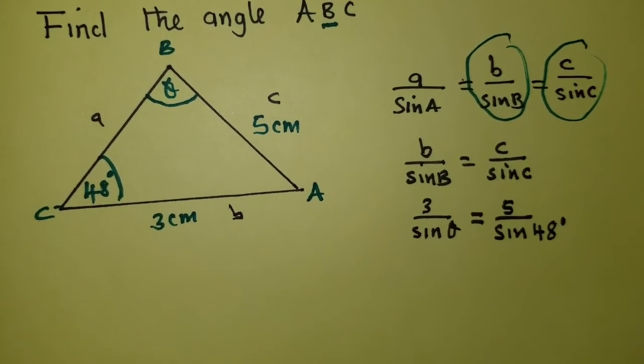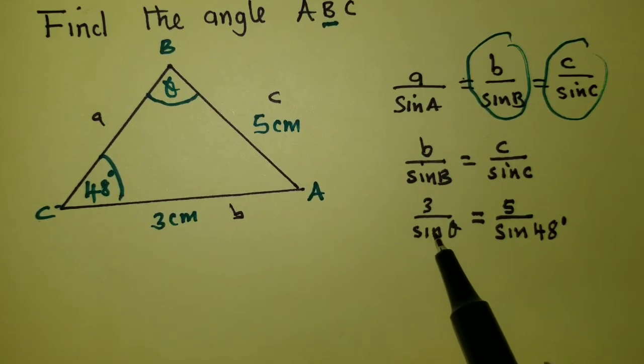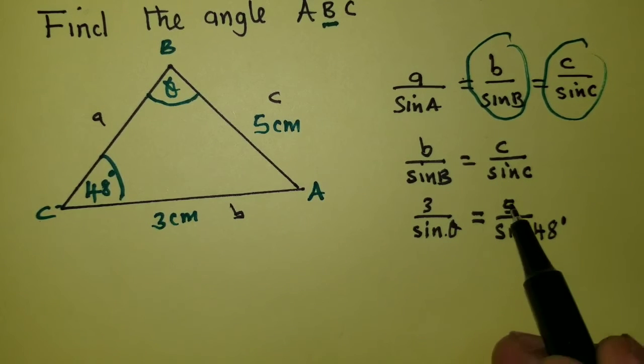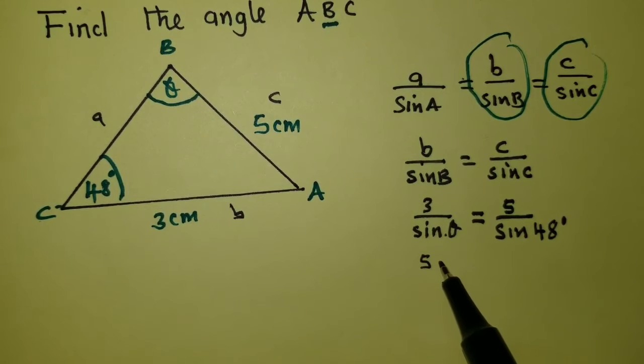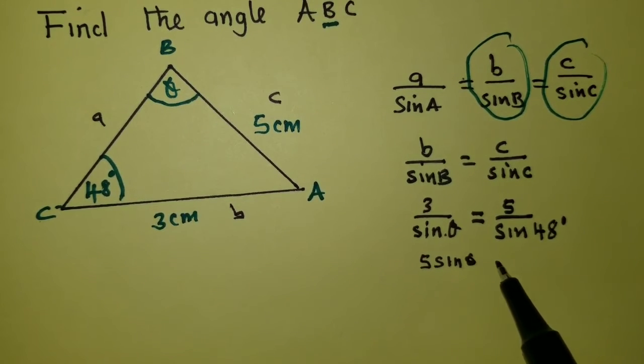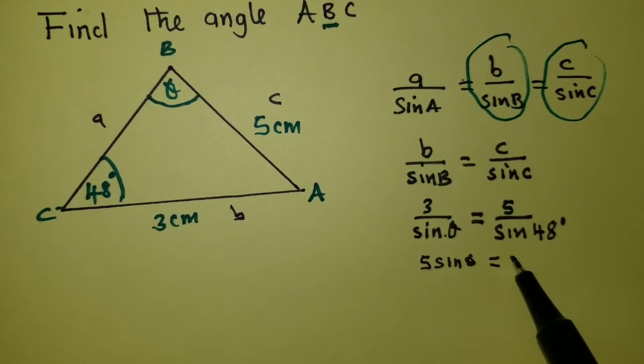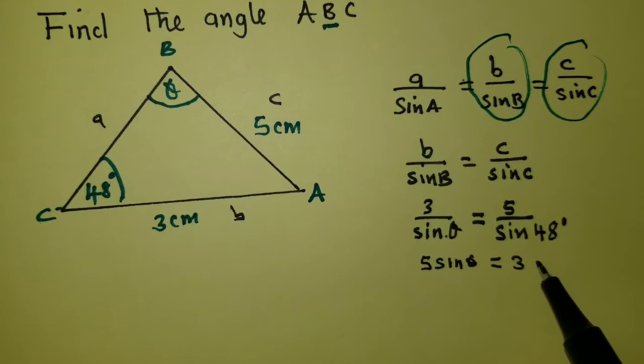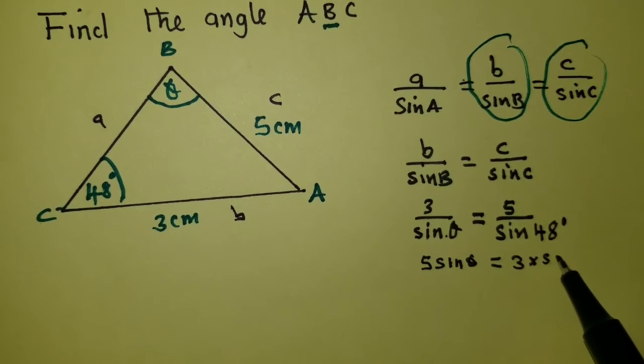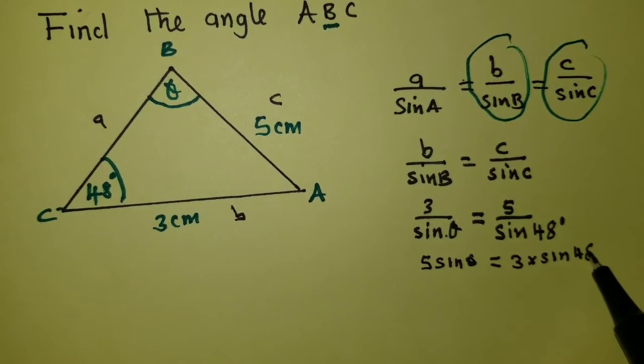Okay, so what do we do? We cross multiply. So sine theta times 5, that is 5 sine theta, equal to 3 times sine 48, that is 3 times sine 48.